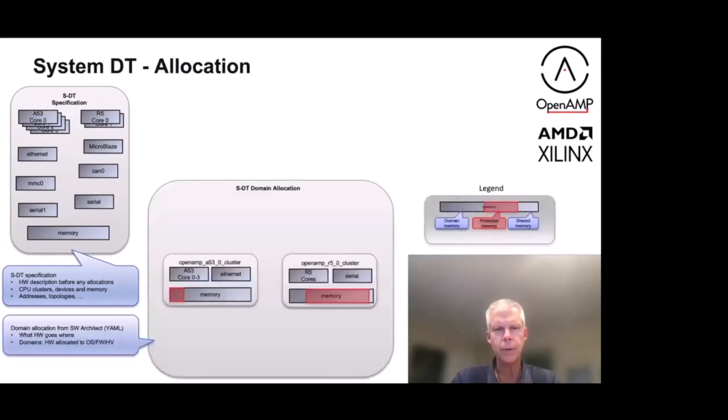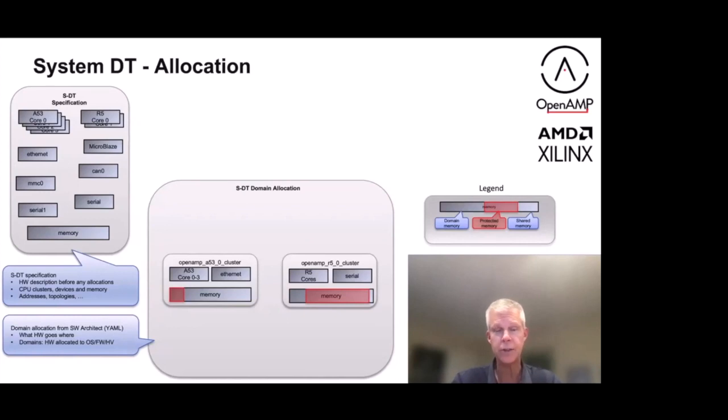To that, Bruce is going to show a YAML file, which is the allocation of these hardware resources. In this first example, we are going to have two different domains, one for Linux and one for bare metal. The Linux is running on the Cortex-A's, on 4 A53s, and we're going to allocate some memory and some devices to it, and also have some shared memory.